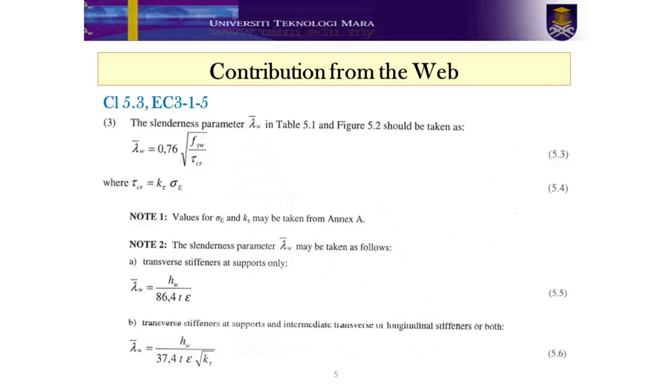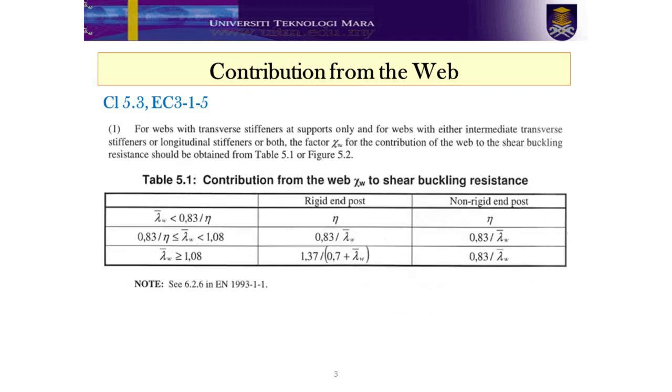Lambda W in figure 5.2 can be obtained by using equation 5.3, in which the parameter tau CR is equivalent to equation 5.4. Okay, now let's refer to table 5.1.